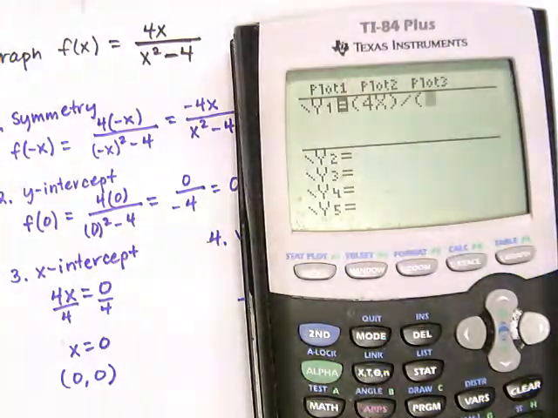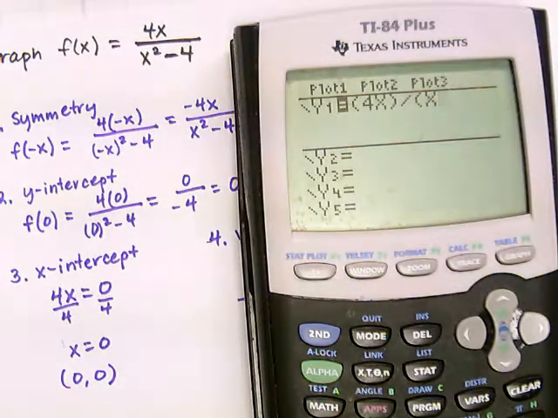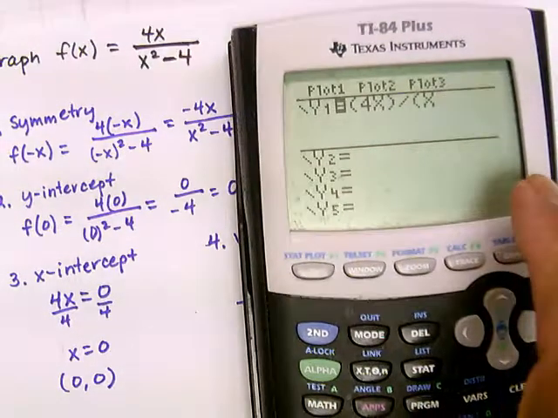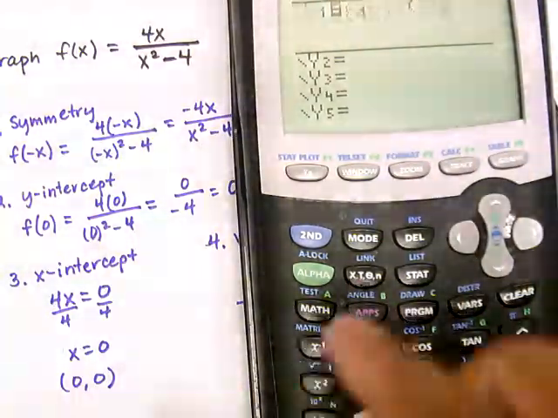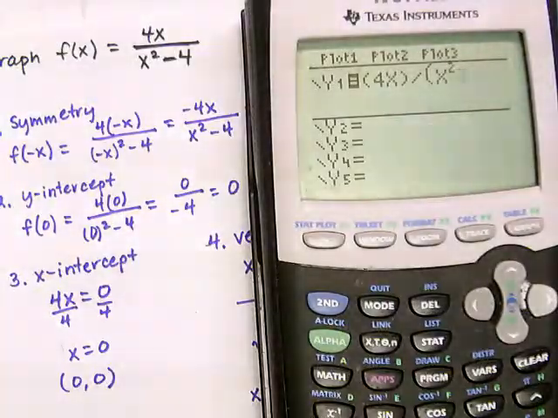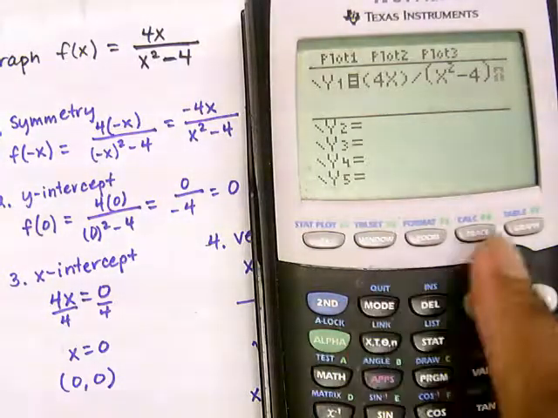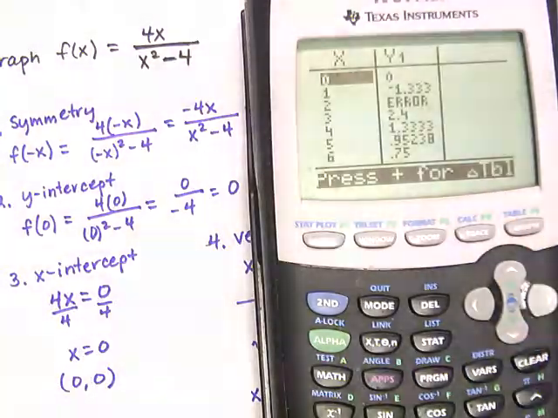So it'll be left parentheses, for the x, it'll be the X,T,theta key for the x. For the square, you have to press this x squared button down here for your exponent of 2. And then minus 4. Close parentheses. And then to get your table, you're going to press the second key and then graph for your table.